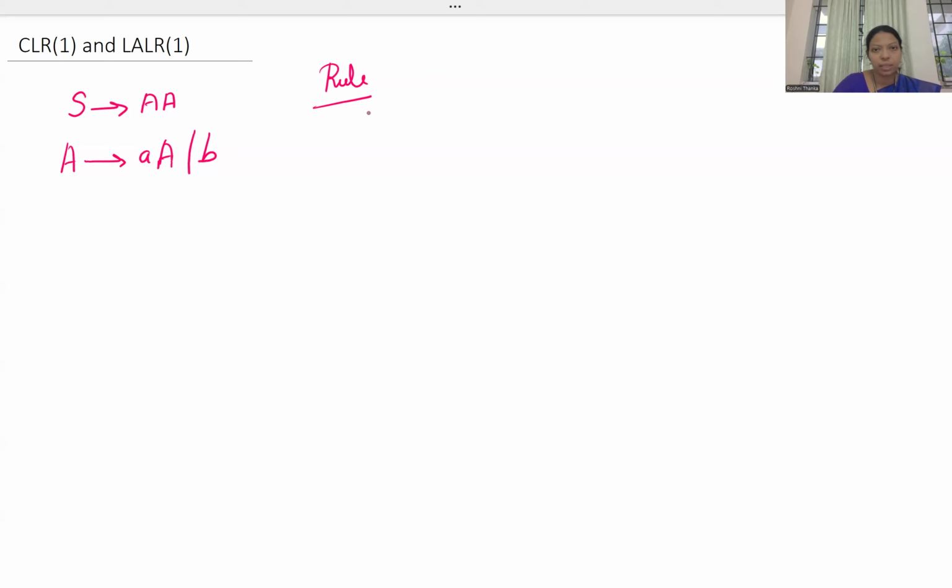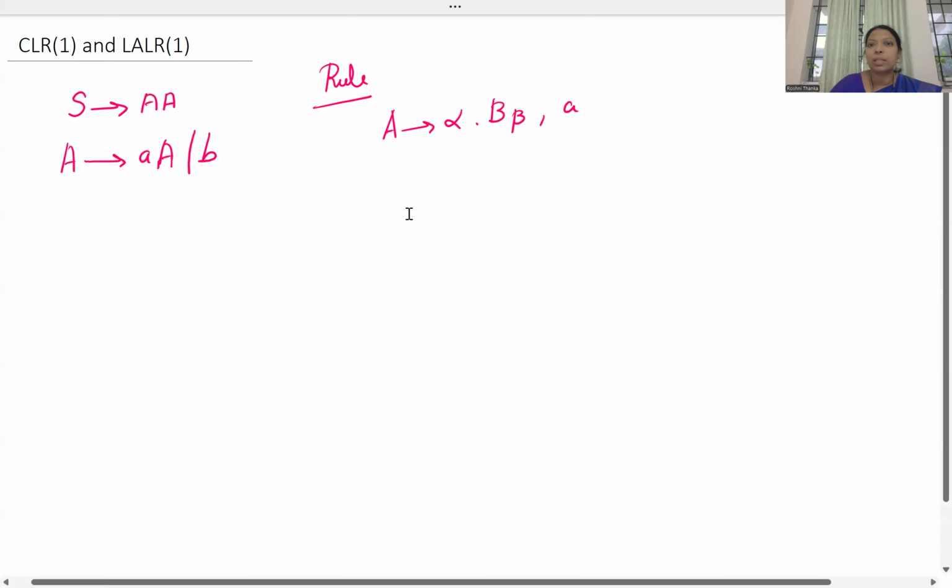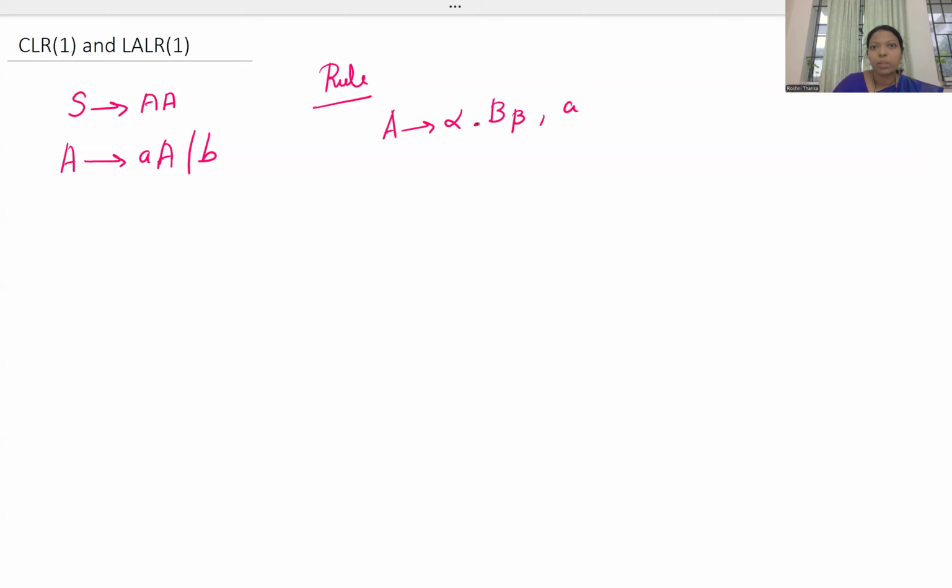Let us consider there is a production A derives alpha dot B beta, comma a. Here you can see this is a lookahead attached to an item. So item means you have a dot in the RHS. After the dot there is a non-terminal. What will we do?